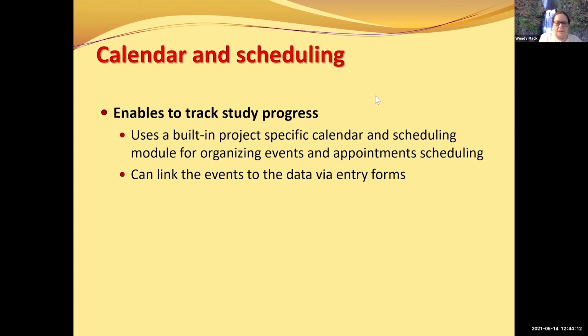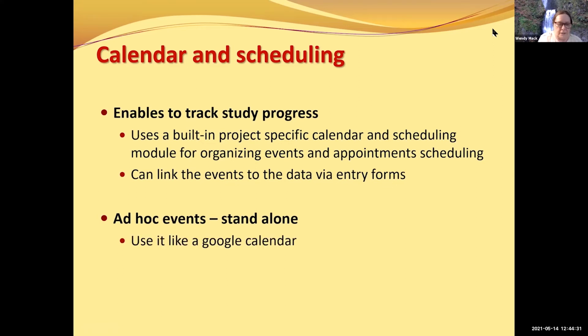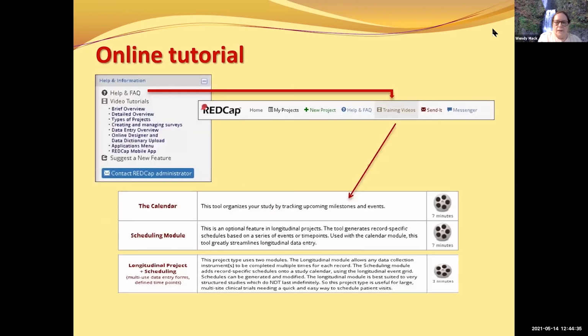As I said, you can link the events to the data via the entry form. So it's another way to do data entry. If they're on the calendar, you can click on the button and it will take you to a particular record. And as I said, you can also put ad hoc stand-alone events, like a DSMB meeting, on the study calendar, just like a general calendar. There is an online tutorial about this.